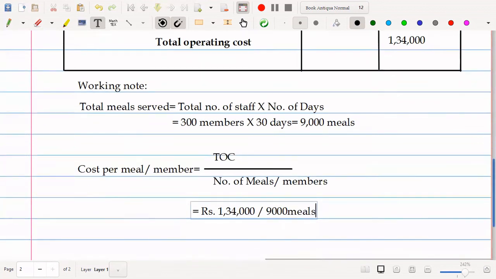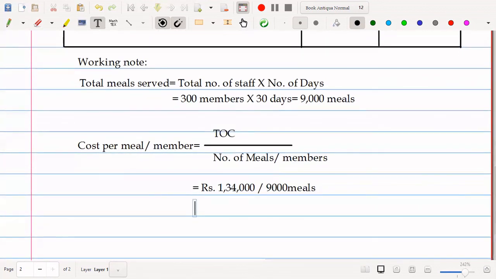So when we divide 1,34,000 by 9,000, it comes to rupees 14.90 per meal or per member.